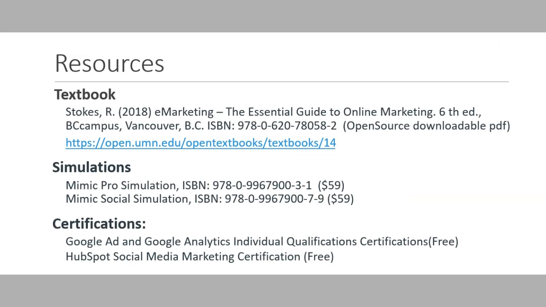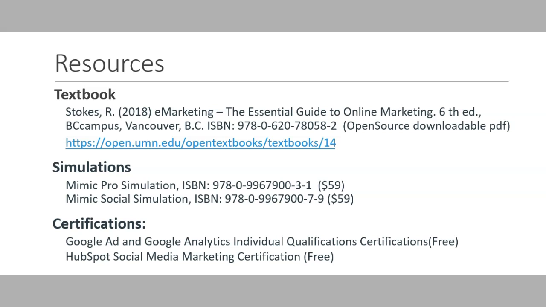There is a textbook behind all of this, and it is an open textbook. That means it's downloadable. It does not cost you anything, but it's actually a very excellent guide to online marketing. It does address both social media as well as e-commerce related forms of digital marketing.